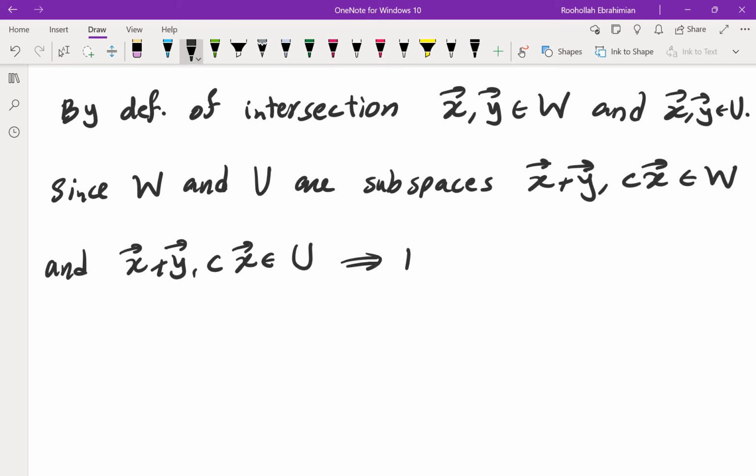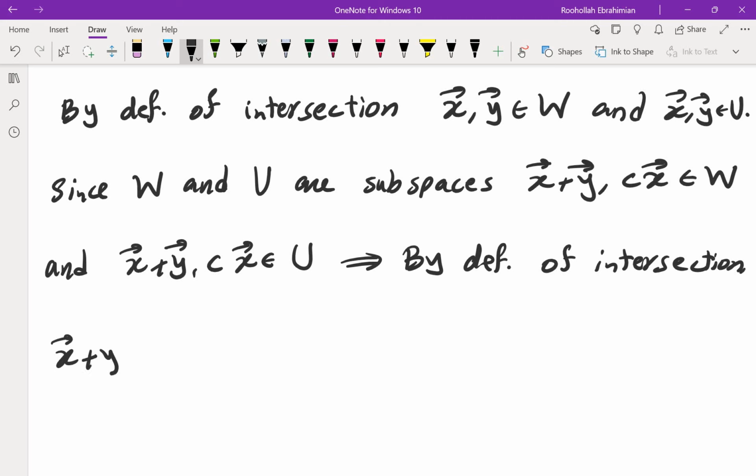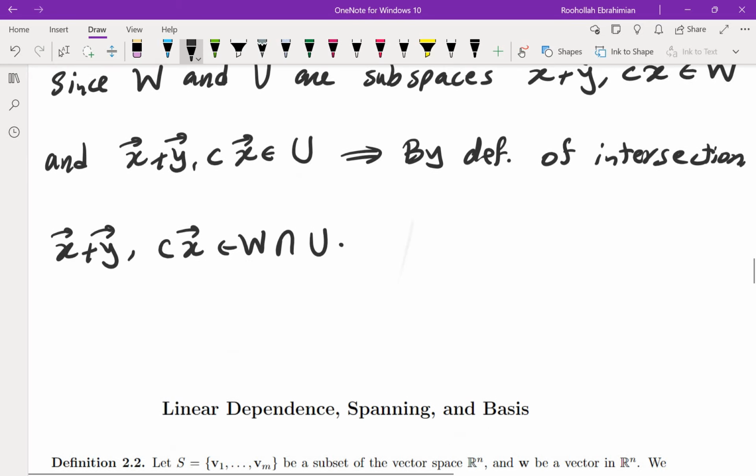But again, by definition of intersection, these vectors are in the intersection. So x plus y and cx are in the intersection of W and U. It means W intersection U is closed under addition and scalar multiplication.